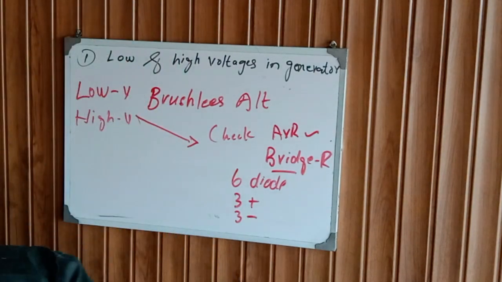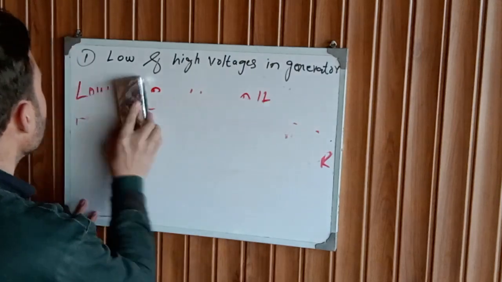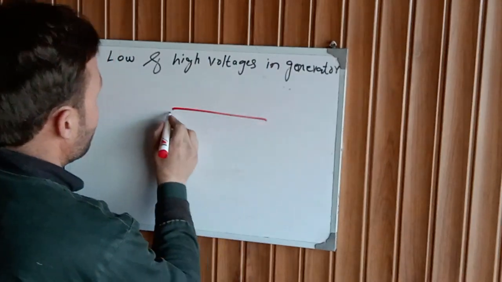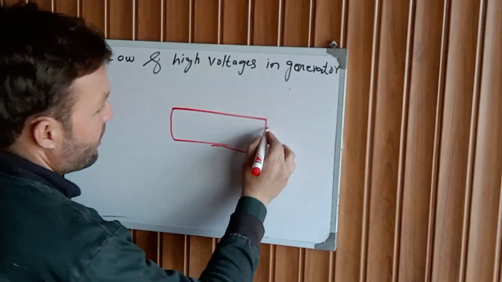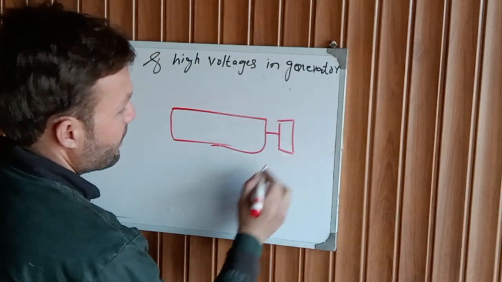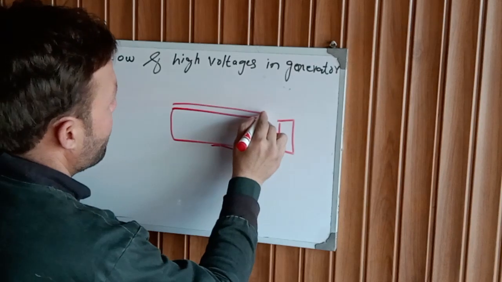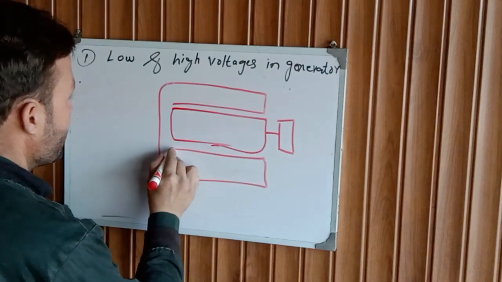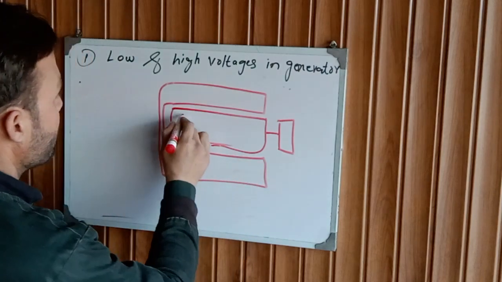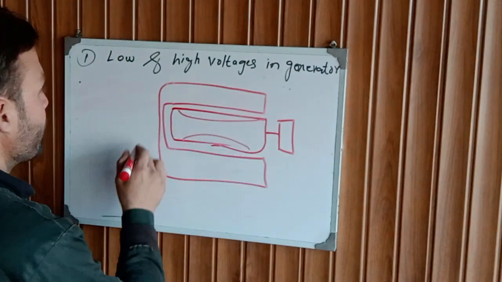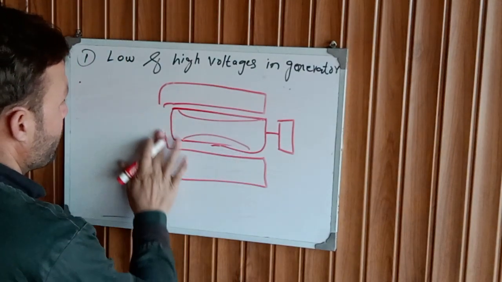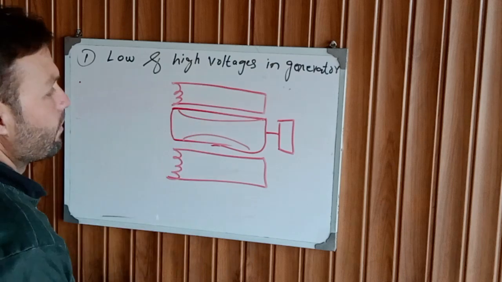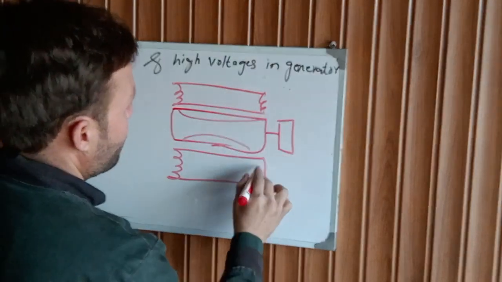This is how this alternator works. This is our rotor and this is our exciter. This is for the armature. We have winding here in the armature.